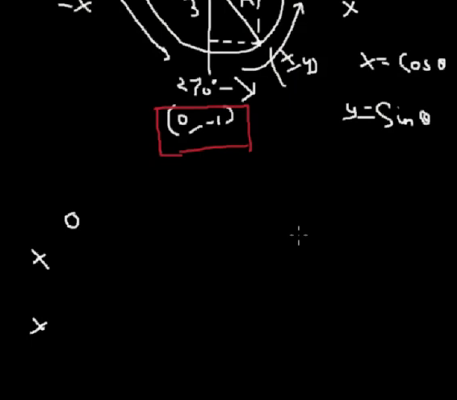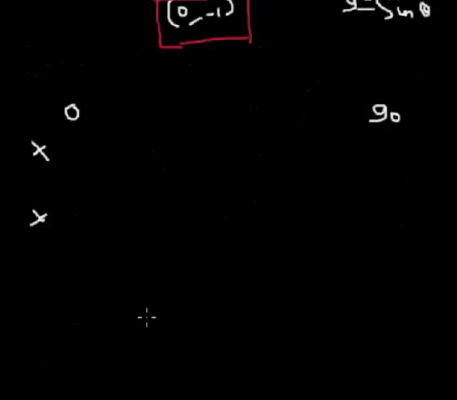The first quadrant starts at 0 and ends at 90 degrees, right? What degrees lie between 0 and 90? The known degrees are 30, 45 and 60. These are the known values.